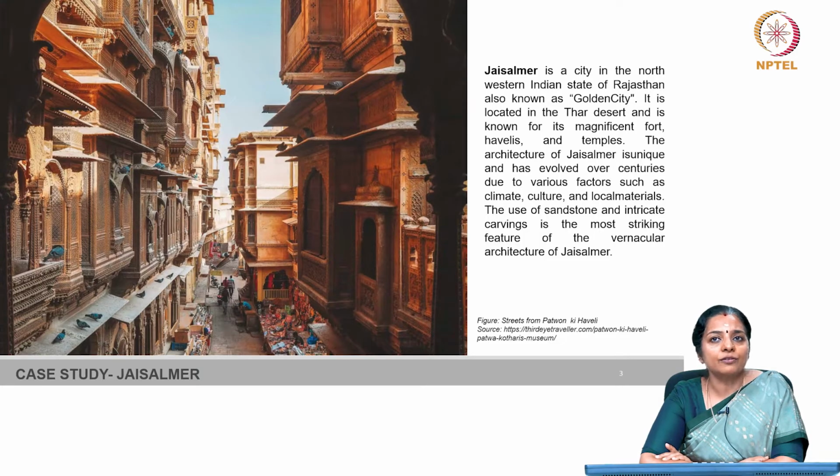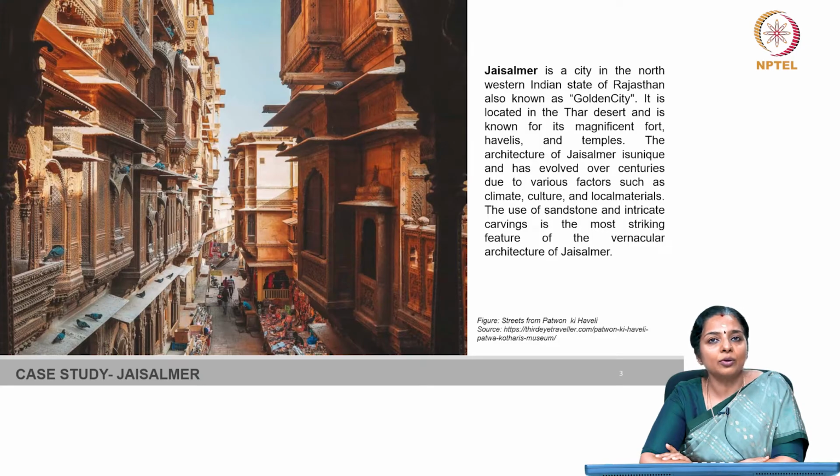The architecture of Jaisalmer is very unique and it has evolved over centuries due to various factors such as climate being the most predominant factor because it's a hot arid area, it's a desert climate.